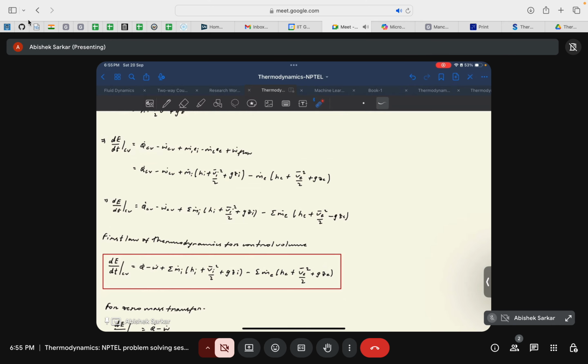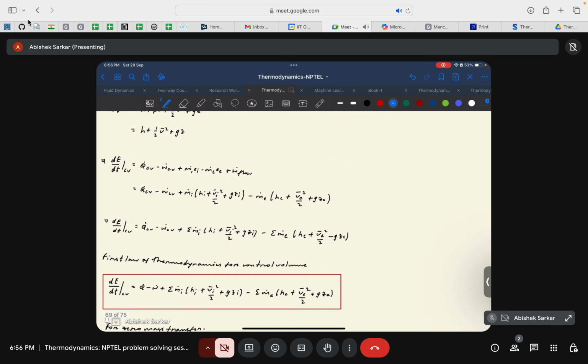So with that we have Q dot CV minus W dot CV equal to m dot i times (hi plus Vi square by 2 plus g zi) minus m dot e times (he plus Ve square by 2 plus g ze). This work flow, I can highlight it with some color. This one is your PV.